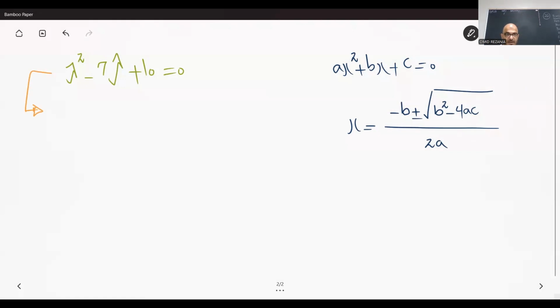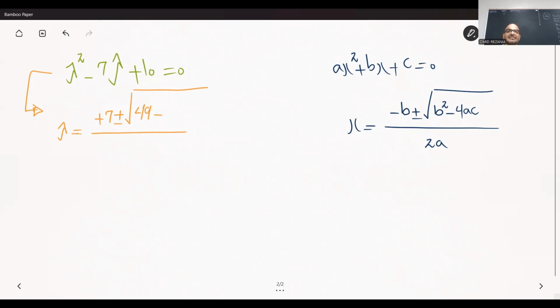Now, as a result, what do I have? Lambda equals minus b. My b is minus 7, so minus 7 becomes plus 7, plus or minus the square root of b squared, 7 times 7, 49, minus 4 times a, how much is a? 1.